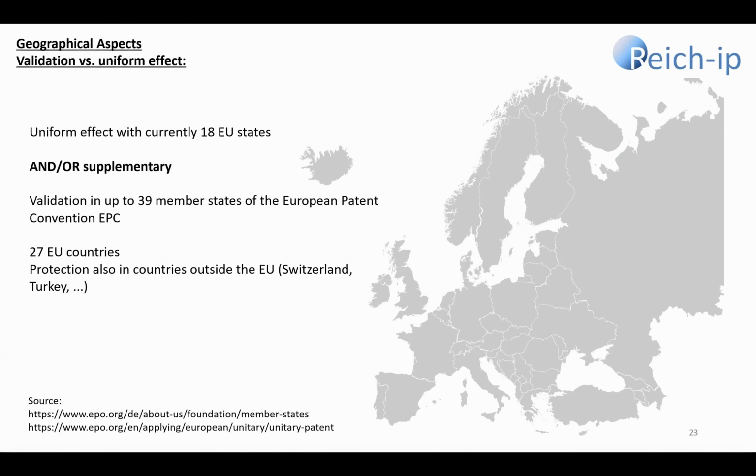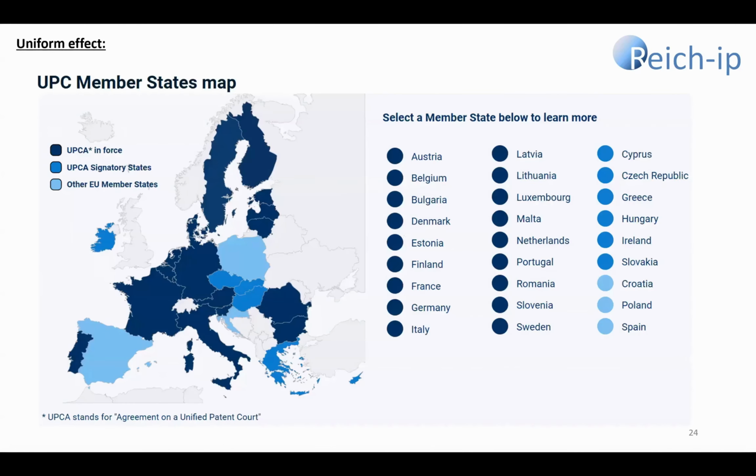And what is the third option? You can combine those two options. So if you pick the first approach with the uniform effect, you get 18 countries in this example, not the UK as they have left the EU, but you can combine the second approach and do a single validation of the UK, and then you have protection there.